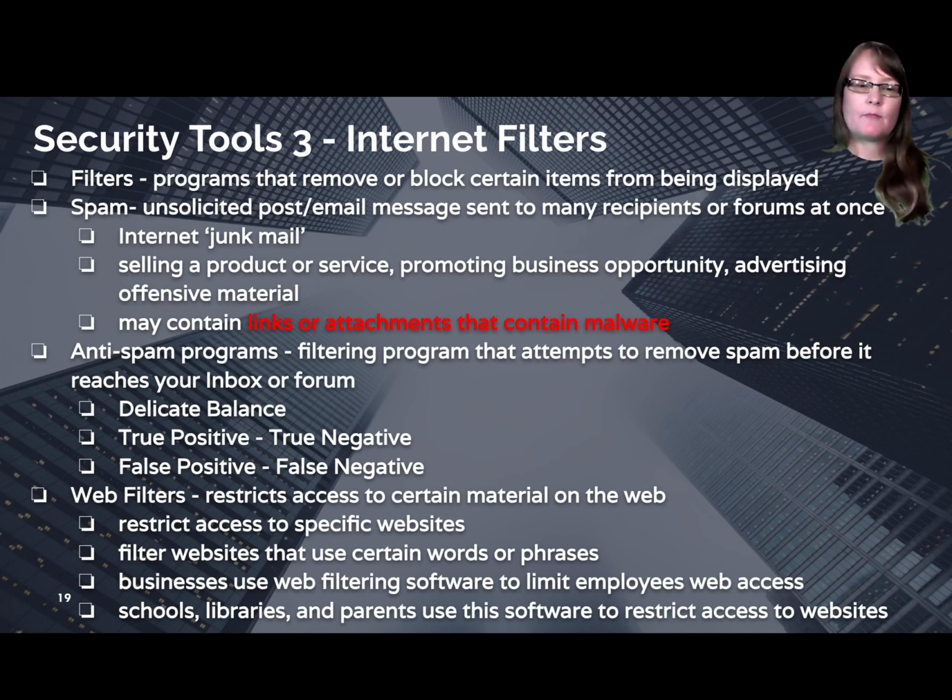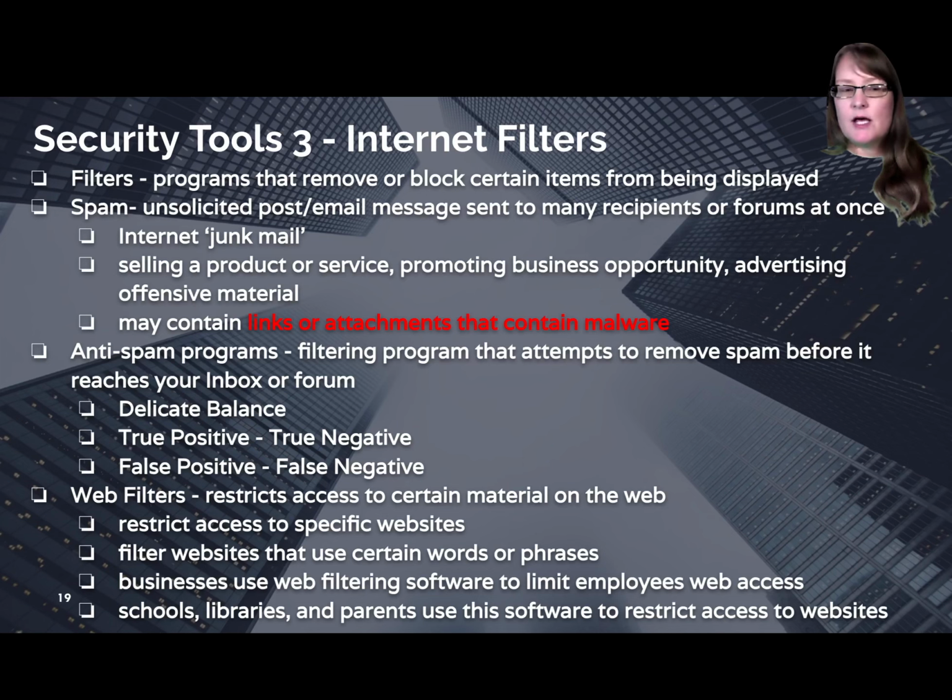So I'll write these down because it's easier for me to write these down, and I'll add it to your supplemental information rather than trying to explain them on the spot. The reason I put these out here, the true positive, the true negative, the false positive, and the false negative, is that it's very difficult to filter your spam.